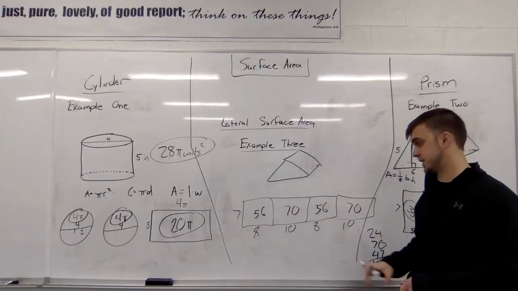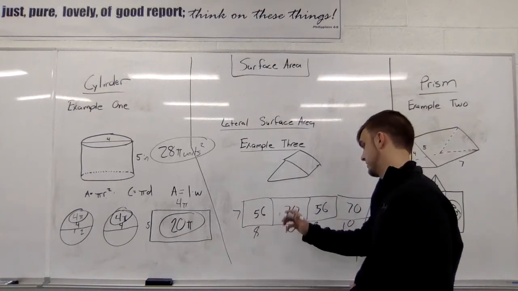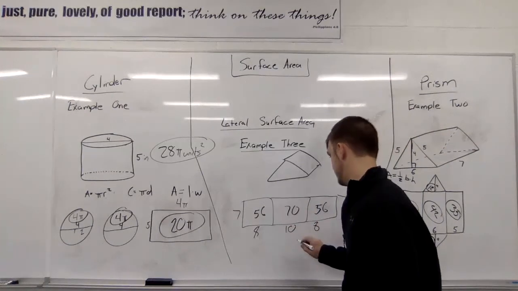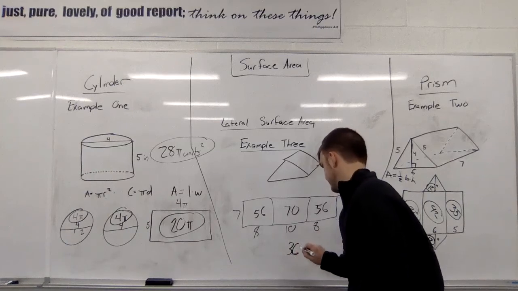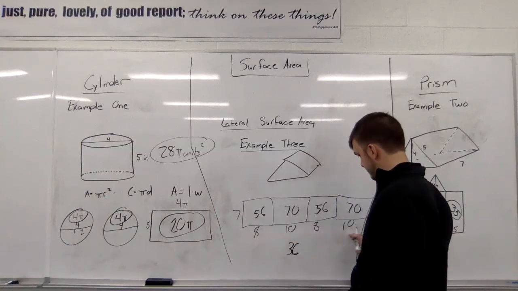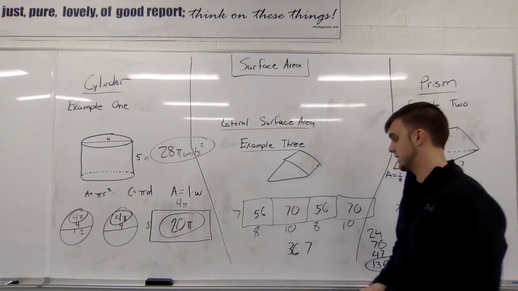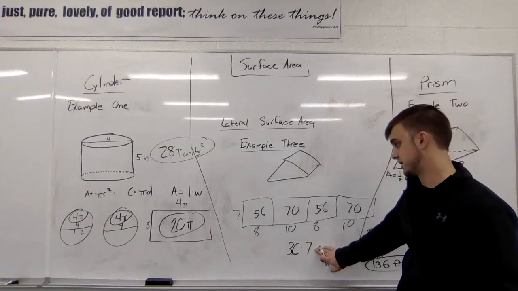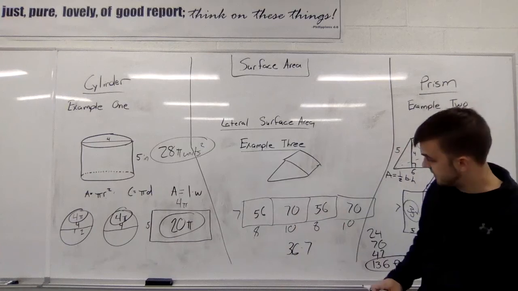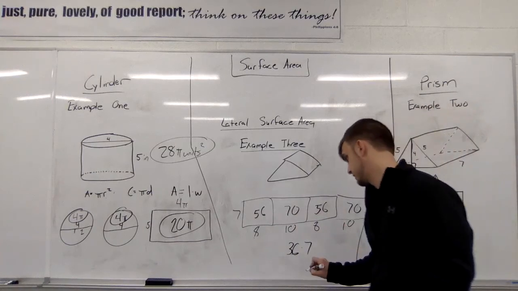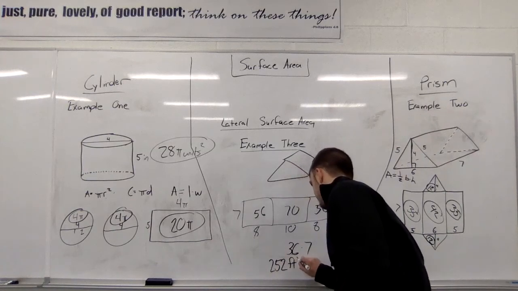There's another way you can do this, and you can take the entire perimeter. So 8 plus 10 plus 8 plus 10. So that's 18, I think that is 20, 36. All right, so the bases, add them all together, you get 36. 36 times 7, throw that in your calculator, and that will be the same answer as adding all these together, which 36 times 7 would give you 252 feet squared.